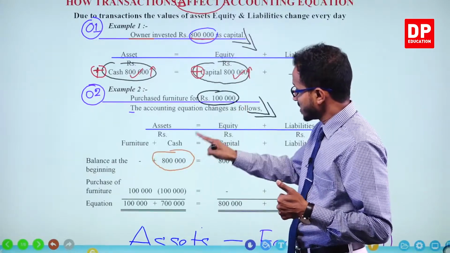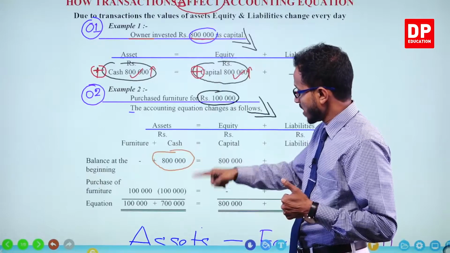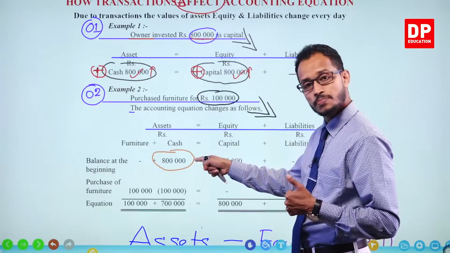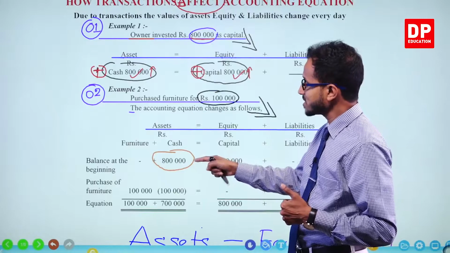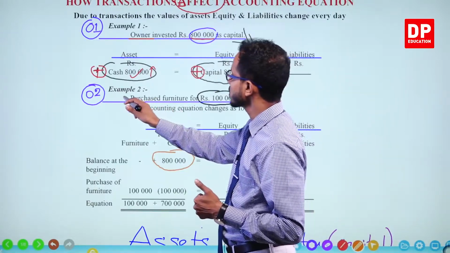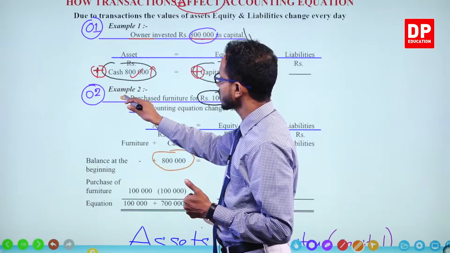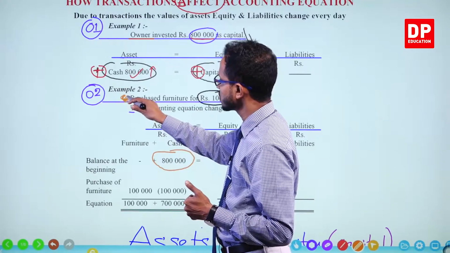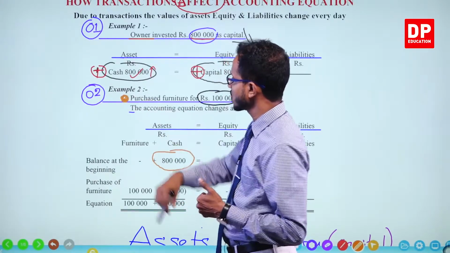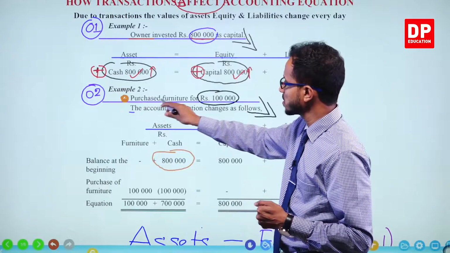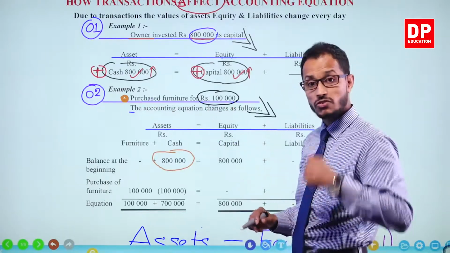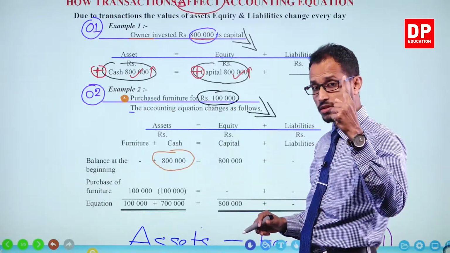By using this cash, by using the 800,000, now the business has purchased furniture worth 100,000.